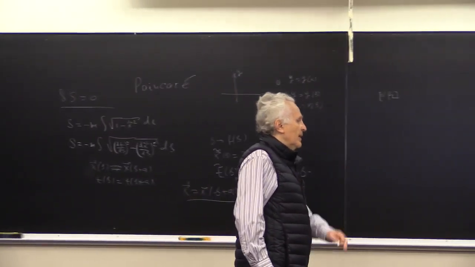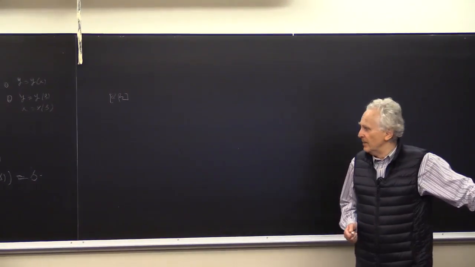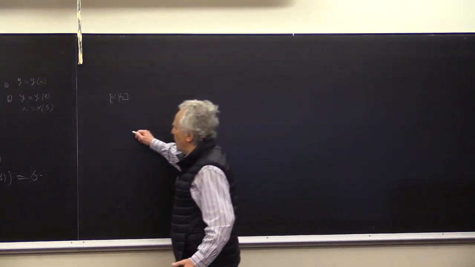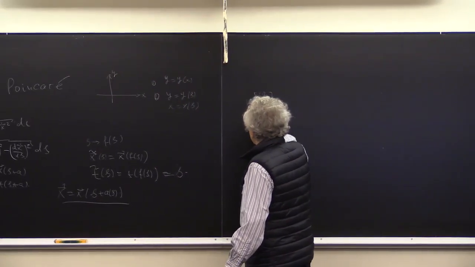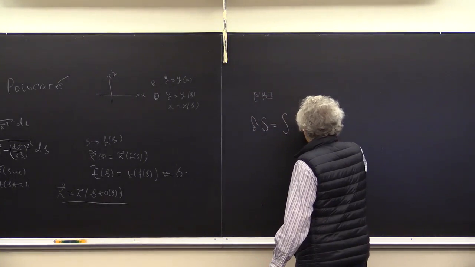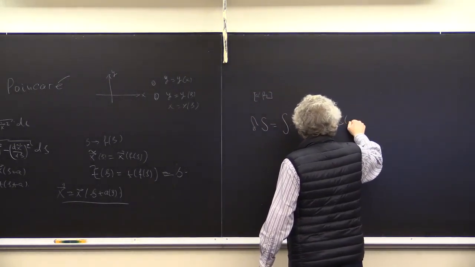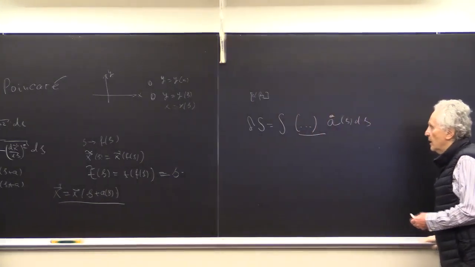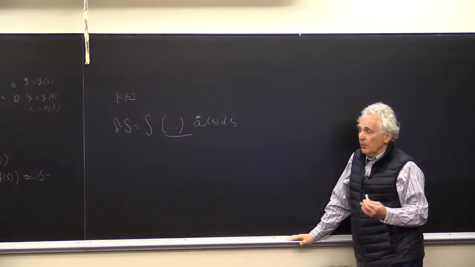So suppose I make this change of variables. The general rule was, I remind you, you make a gauged transformation, and the variation of the action should be something multiplied by a dot ds, and this something is precisely the conserved quantity which we are looking for.